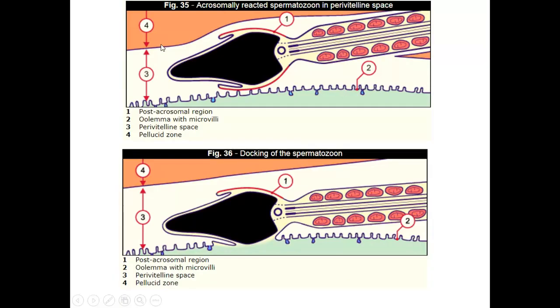So that's how it's visible here. When the sperm has already penetrated the zona pellucida, number 4, then the head gets in very close contact with the oolemma. It's the cell membrane of the secondary oocyte, and they dock to each other, causing the fusion of the sperm with the cell membrane here.